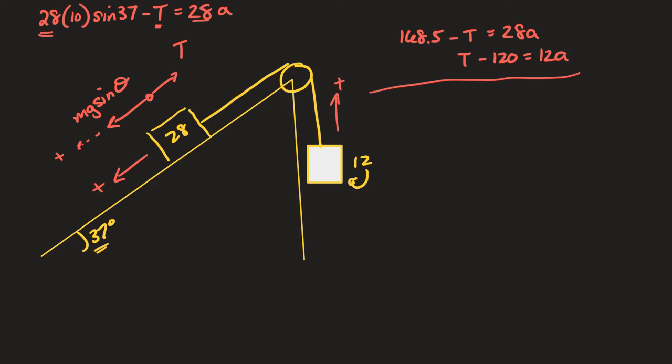So I'm just going to add these two equations to get 168.5 minus 120 equals 28a plus 12a. That looks like 48.5 equals 40a. Am I done? Just solve for a?